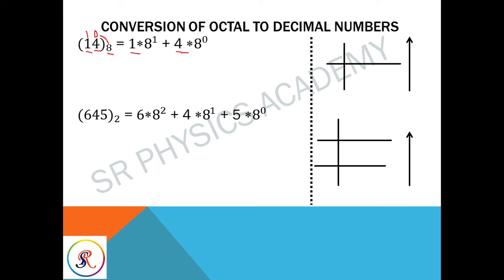That means the first one is clear. Plus this 1 into 8 power 1. In this case also, same, 8 power 0 means it's 1. That means 4 into 1 is 4. 1 into 8 power 1 means the same number only, 8. 8 plus 4, equal to 12.